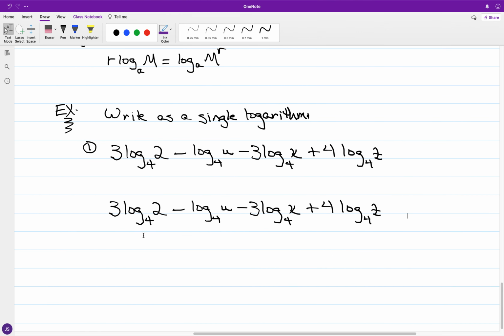Okay, so what I can do here is kind of going in the opposite direction. So for the leading coefficients, I can write them as exponents. So for 3 times the base 4 logarithm of 2, I'm saying the base 4 logarithm of 2 to the third.